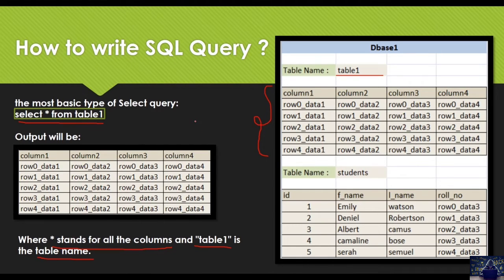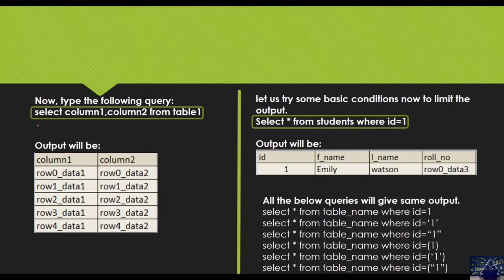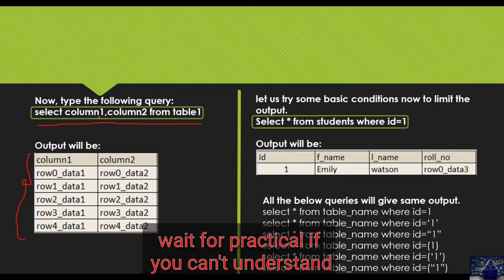Now, if I want to fetch only column 1 and column 2 from this table, what will be our query? It will be select column 1, column 2 from table 1, and the output will be like this. It will give the result of all the data that is present in column 1 and column 2, as we have asked for it.